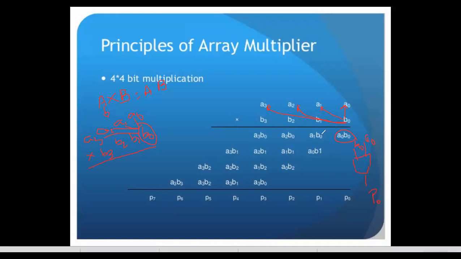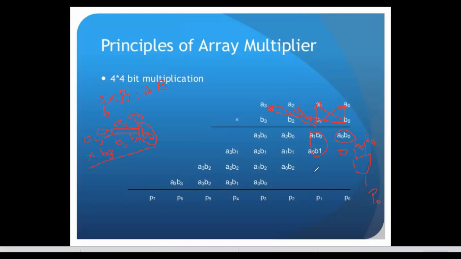Similarly, for the next row there is one left shift, a vacant or 0, and then I have to perform B1 with A0, B1 with A1, B1 with A2 and B1 with A3.